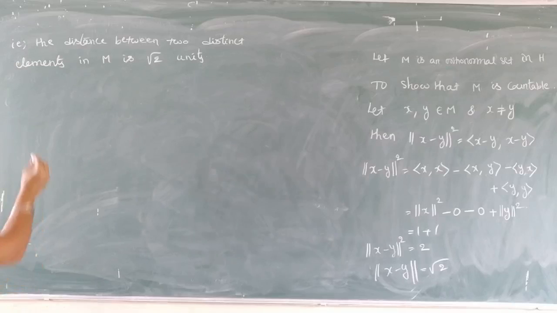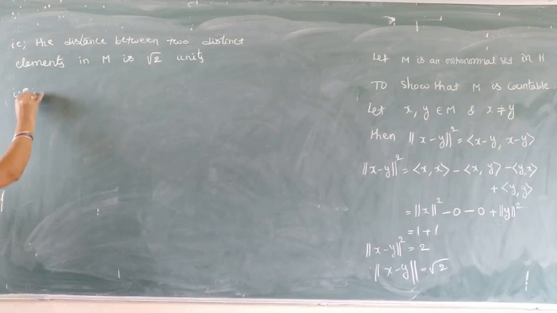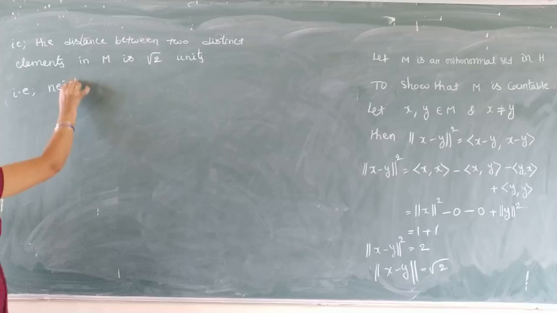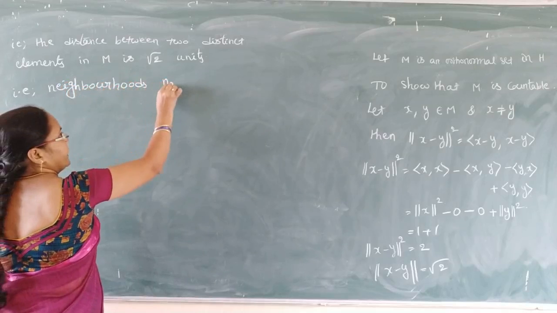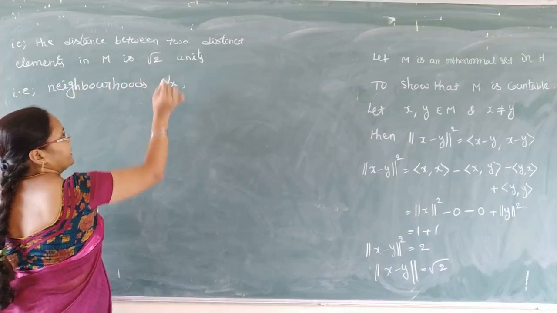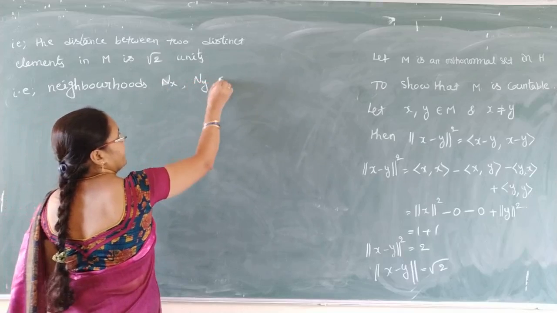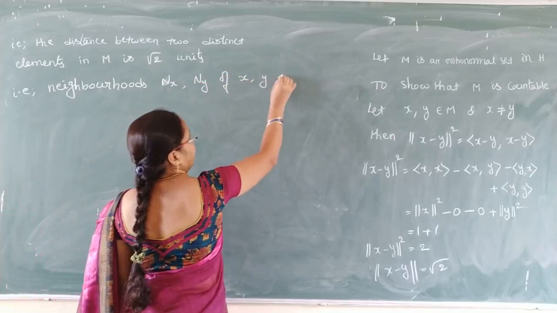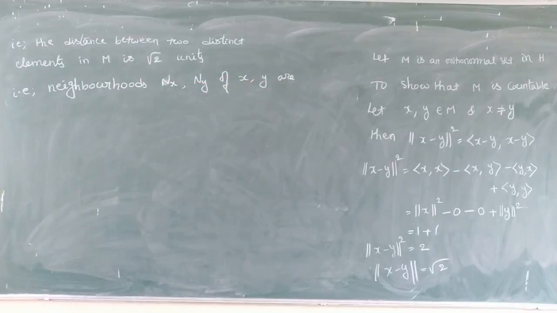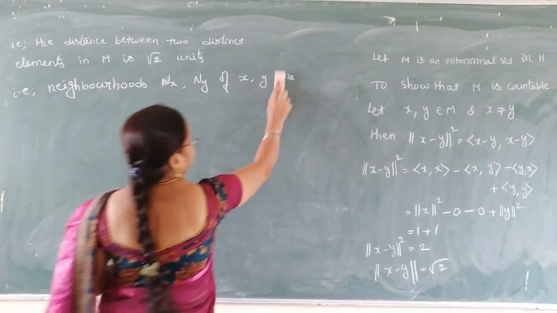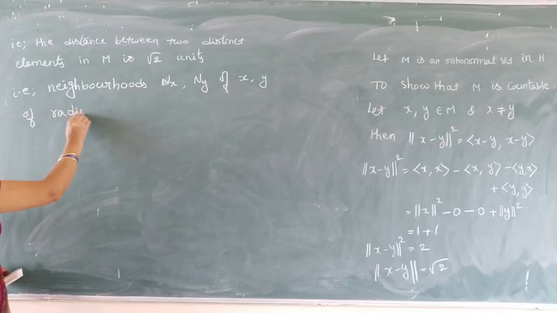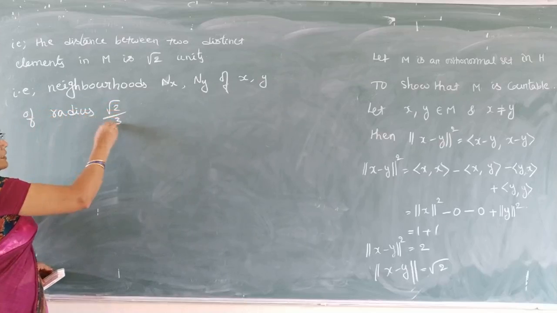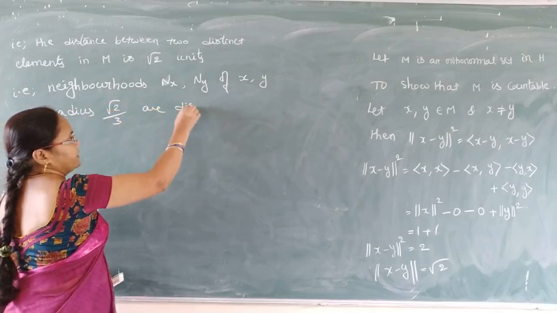So our next line is, that is, neighborhoods Nx of x and Ny of y of radius root 2 by 3 are distinct.